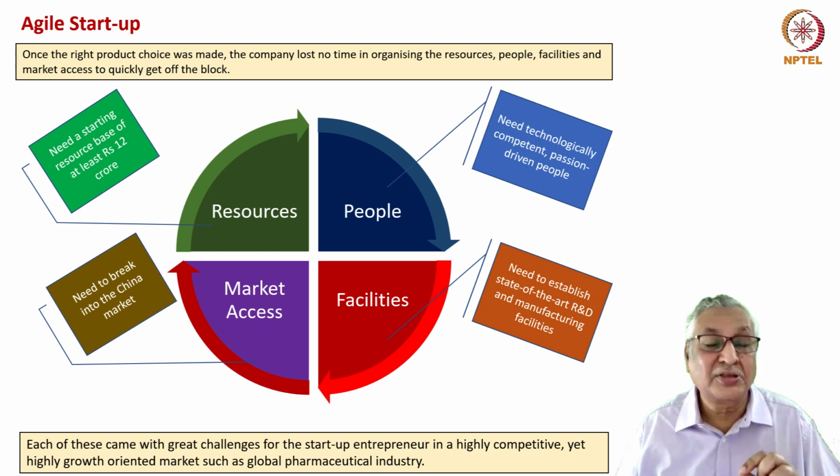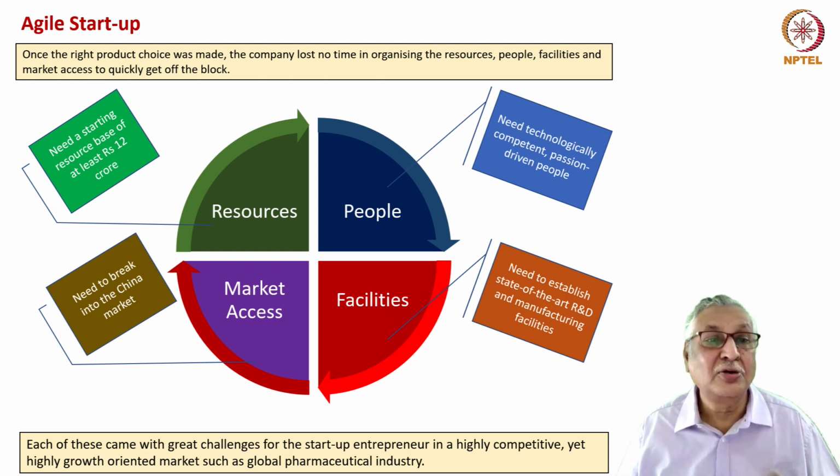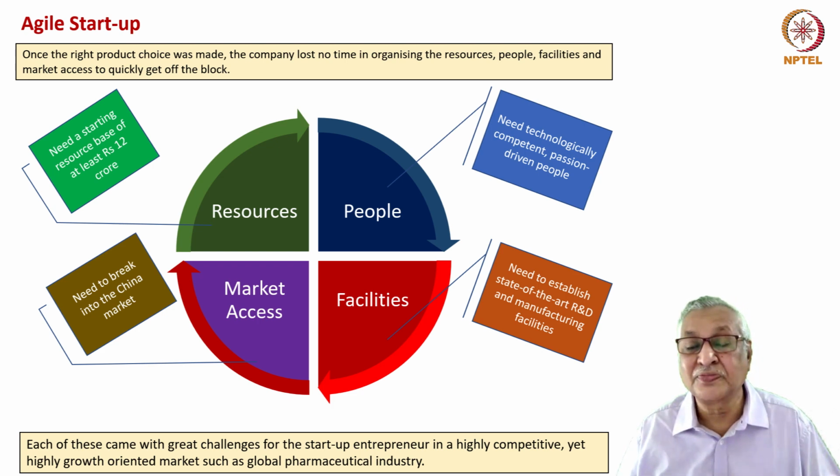So this company succeeded because it was an agile startup. Once the right product choice was made, the company lost no time in organizing the resources, people, facilities, and market access to quickly get off the block. So resources: the company decided that it has to have a resource base of at least 12 crore rupees to start the business. People have to be technologically competent, passion driven people.